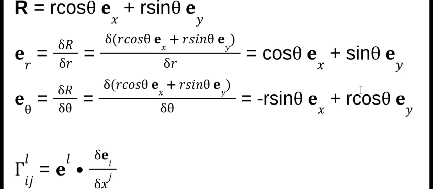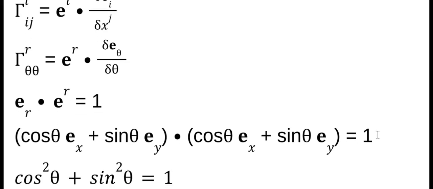Now, here's our generalized equation. So this is a non-zero Christoffel symbol that I know of, gamma r theta theta. So L is r, i is theta, j is theta, right? So we need this. But back on that definition, e_r dot e contravariant r is equal to 1. So what times e_r would equal 1?